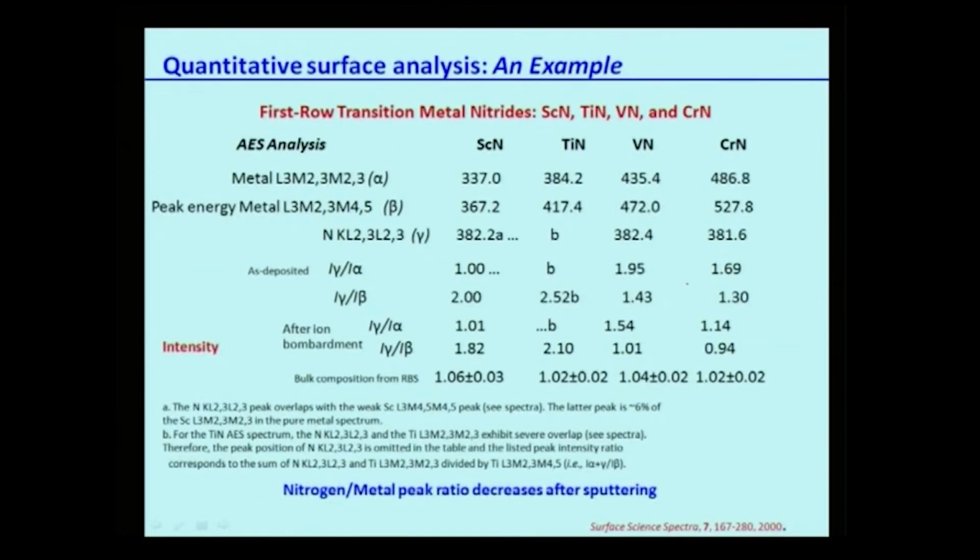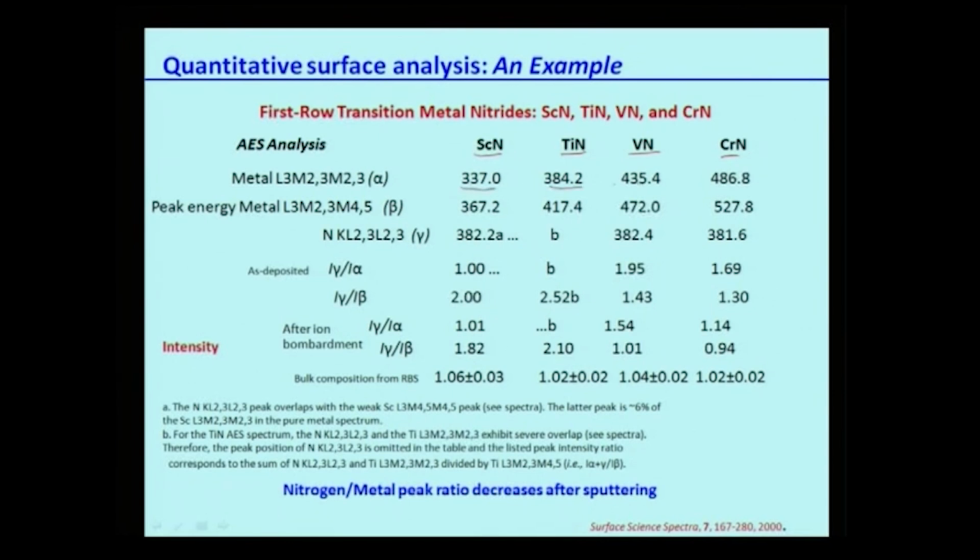Well, to give you an analysis as compared to the others, for nitrogen compounds like chromium nitride, vanadium nitride, titanium nitride, scandium nitride, the early transition metal nitrides, you have basically L3M2 peaks for this.